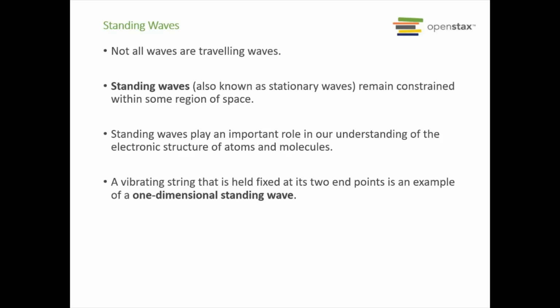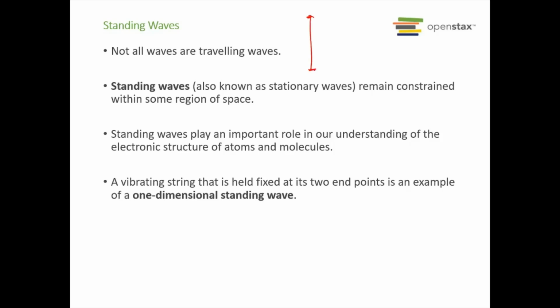Now, not all waves are traveling waves. So the light we've been talking about has been traveling. We have what are called standing waves or stationary waves, and these stay within some space. So for instance, playing a guitar, those guitar strings become standing waves. They're fixed at the top and at the bottom.